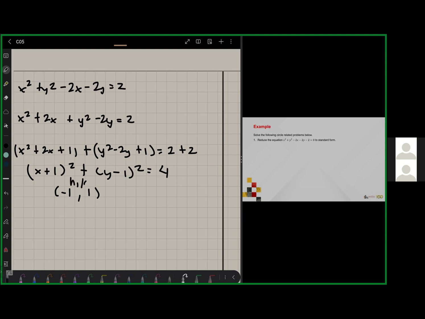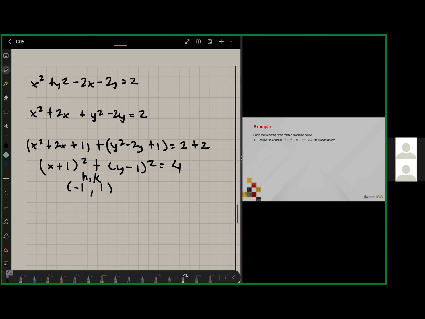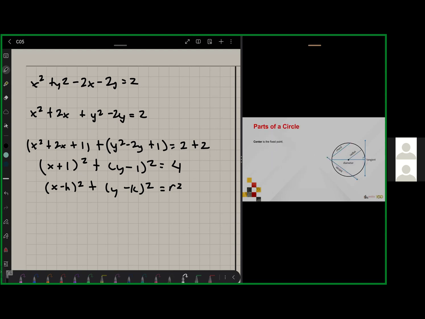And for the radius, let us first write the standard form: x minus h squared plus y minus k squared is equal to r squared. Here is our standard form.